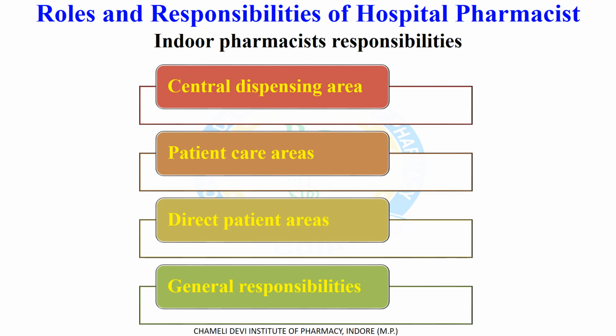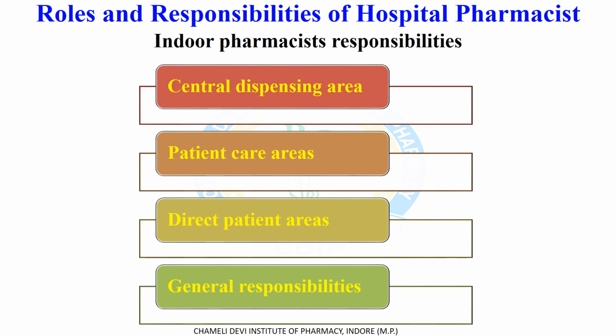They maintain professional competence and communicate with all pharmacy staff. Next point is patient care areas. In this area, the role of the pharmacist is to maintain a bridge between nursing staff and medical staff, review drug administration, and provide instruction and assistance to junior pharmacists.